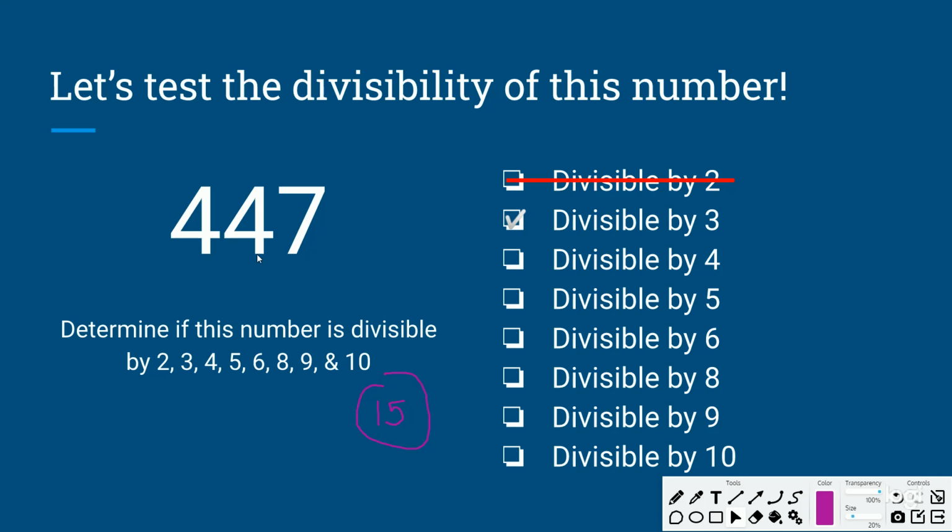For 4, is 47 divisible by 4? No. Is the last number a 5 or a 0? No. Does it meet the criteria for 2 and 3? No, just for 3. Is 447 divisible by 8? No. Is 15 divisible by 9? No. And is the last number a 0? No. So for this one, the only one that it is divisible by is 3.